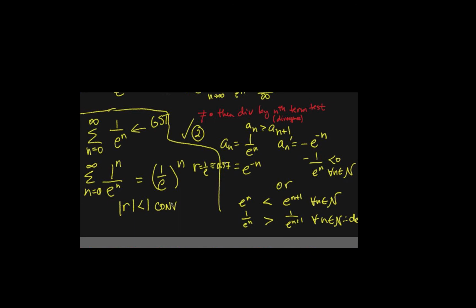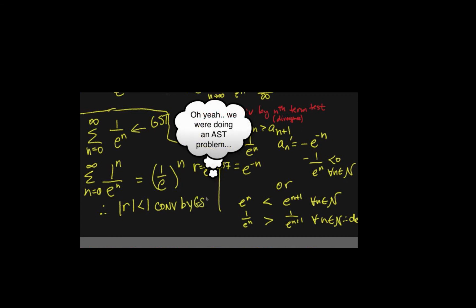They all converge except for p-series. P-series is the only one that diverges when it's less than 1. Okay. Got that? Okay. So converges by GST.